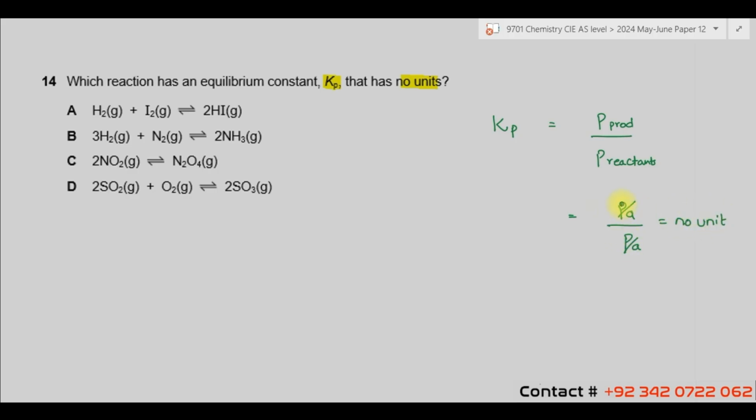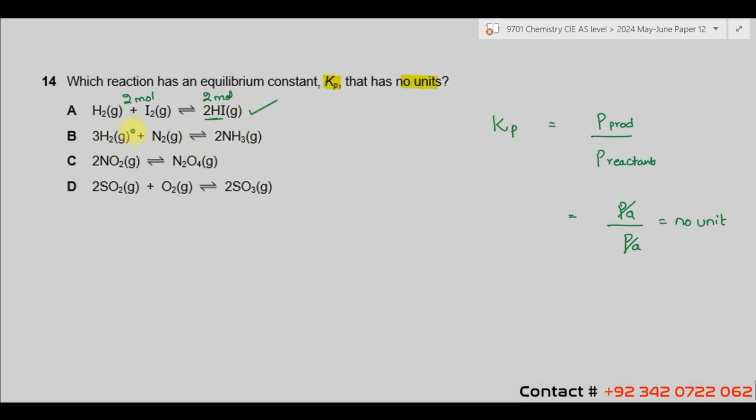Equal pascals are possible only when we have the same number of moles of reactants as well as products. So let's see which one are same. We have 1 and 1, 2 moles of reactants and 2 moles of product. So Pascal squared divided by Pascal squared cancels out. This one is correct.